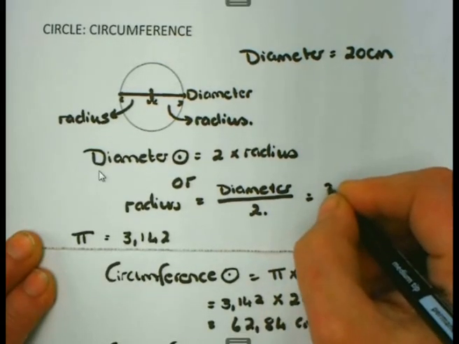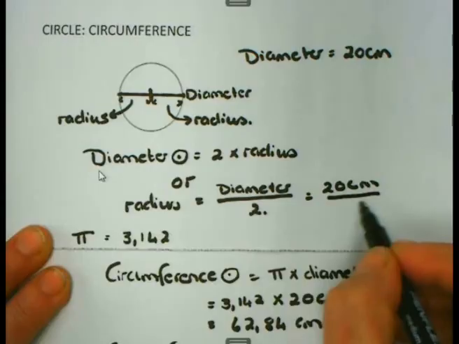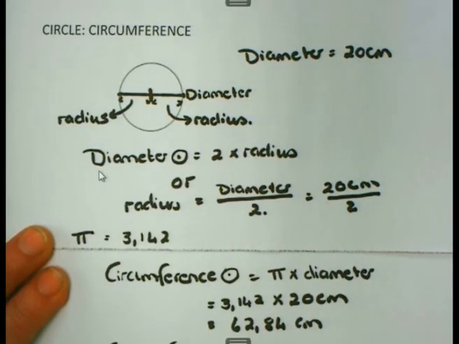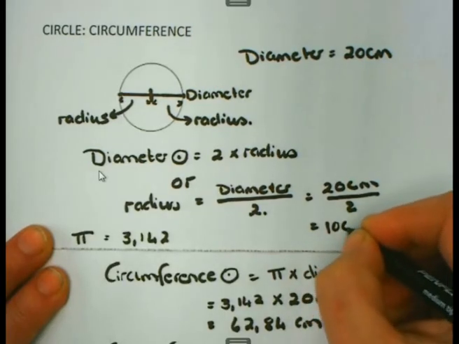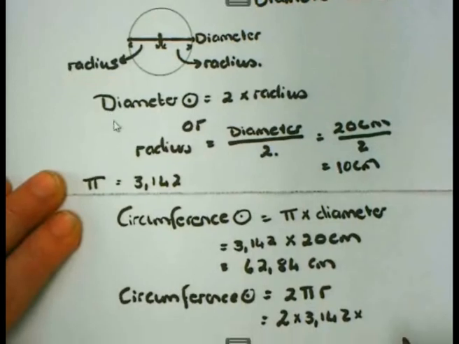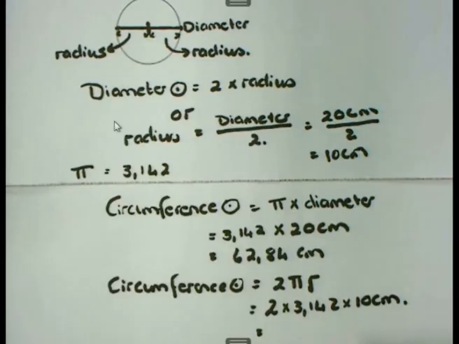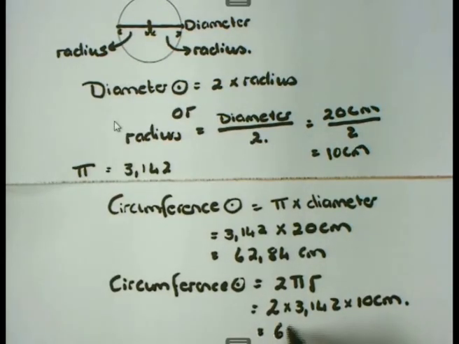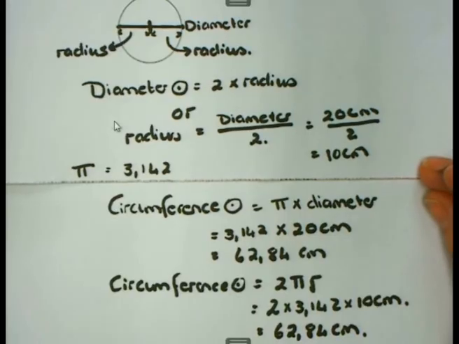What I need to do is say diameter, which is 20 centimeter, and I must divide it by 2. So, if I divide 20 centimeter by 2, I get 10 centimeter. And then here, I'm going to substitute 10 centimeter in the place of radius. And if I work that out, you will see your answer will again be 62,84 centimeter. Both of the methods give you exactly the same answer.